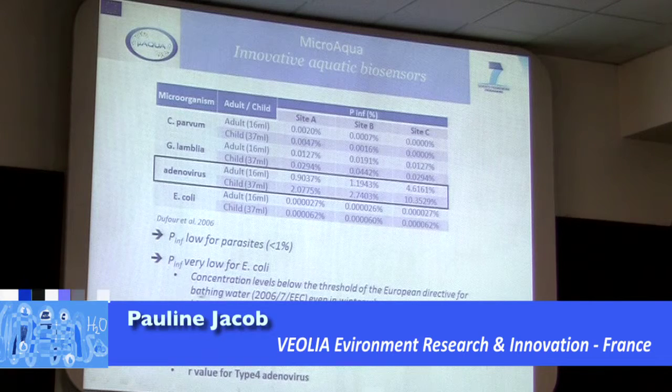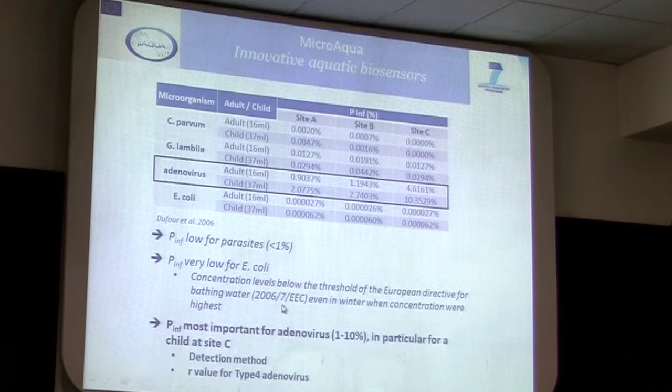For adenovirus, the probability of becoming infected is the most important, varying from 1 to 10%, in particular for a child at site C. But for the calculation, we used a detection method by qPCR, a quantitative PCR, which probably overestimates the concentration of this microorganism.